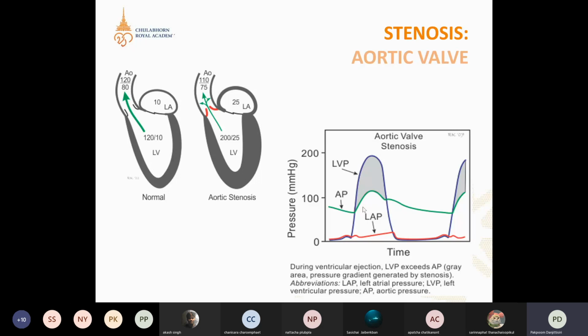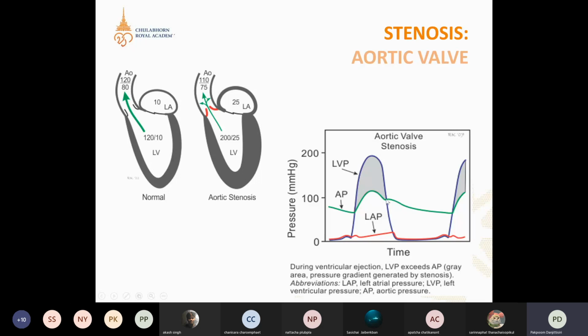If you're looking at the aortic valve and the patient has a stenotic valve, the abnormal pressure should be appearing in the phase of systole, right? So you have to focus on the systolic phase over here.